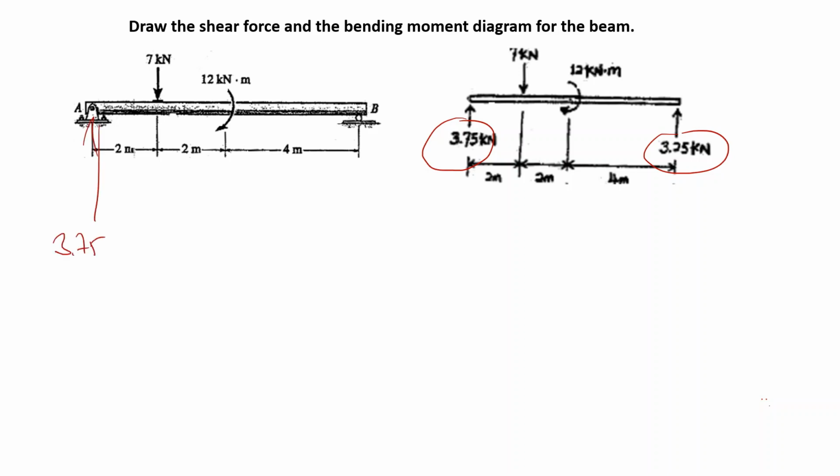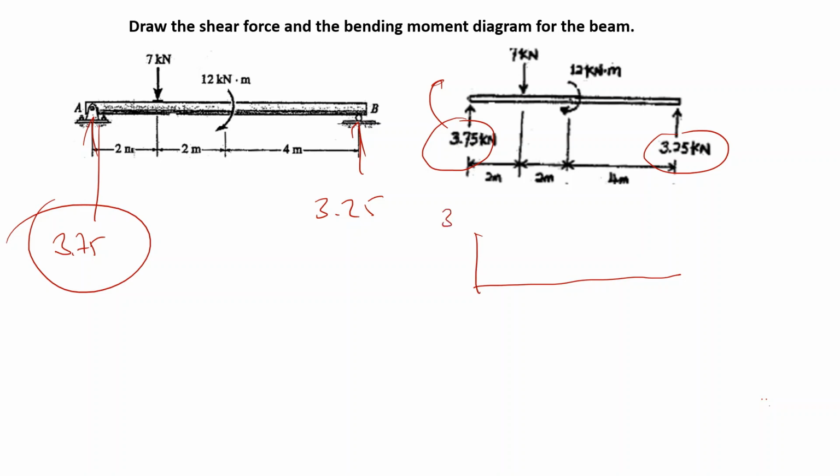With equilibrium, the values can be found as 3.75 and 3.25, and let's draw my diagram. As you see, here I have a positive 375. Then here I have a negative 325.